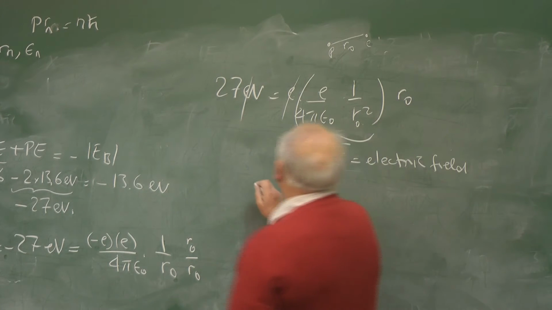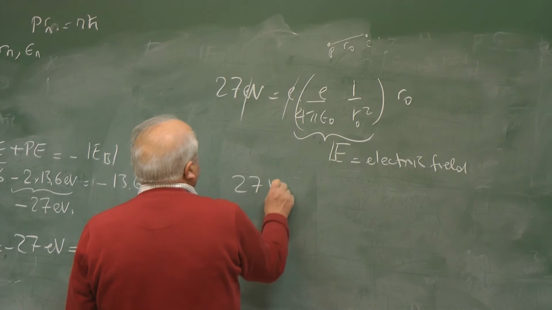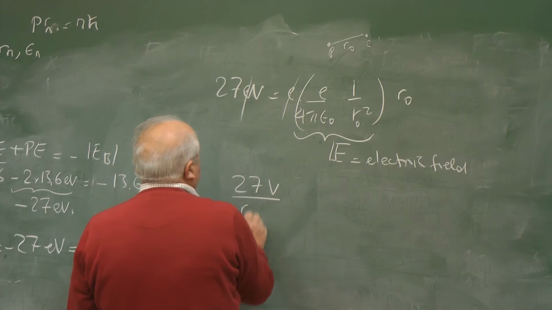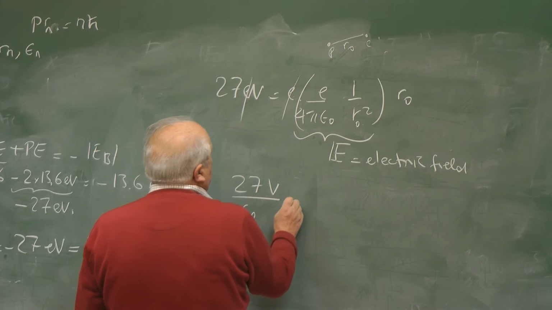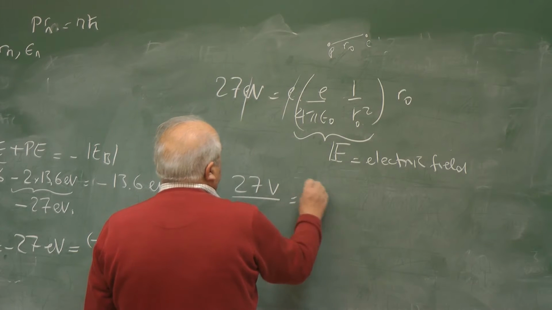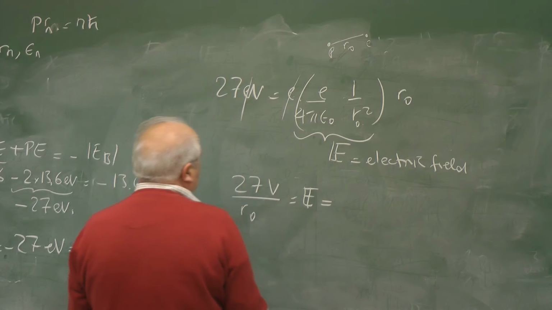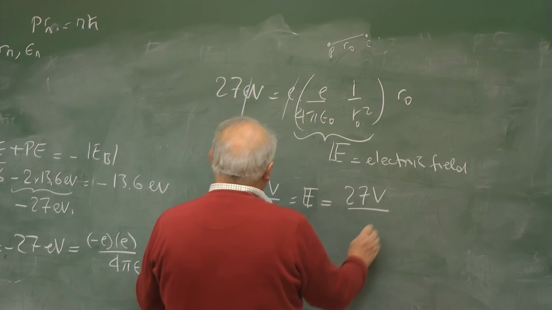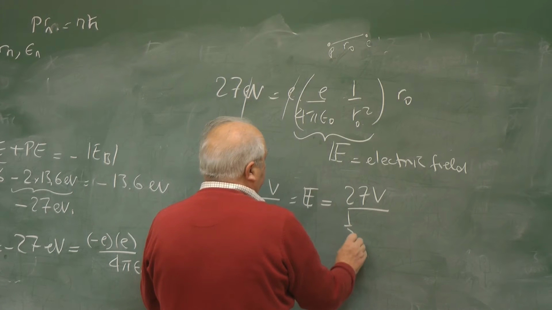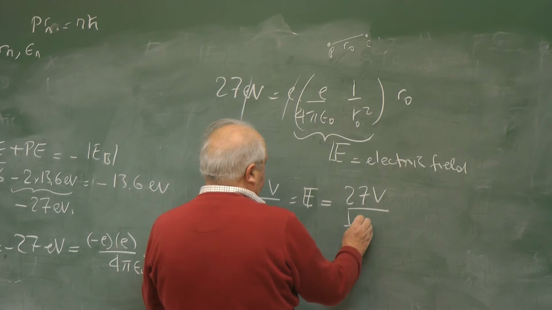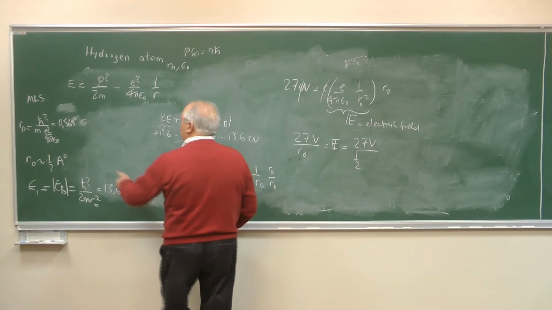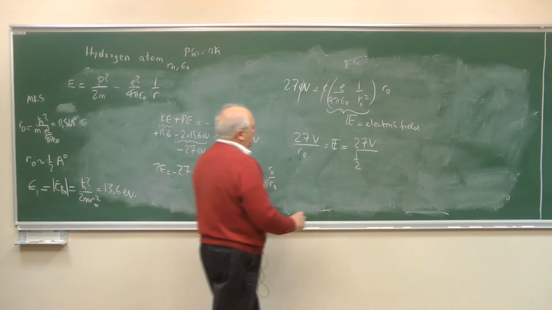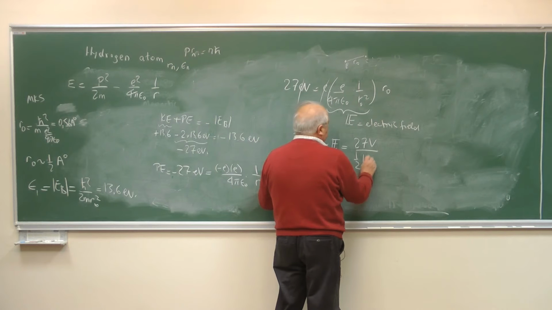So 27 volts divided by R0, that's equal to E, electric field. How big is that? That's 27 volts divided by R0, which is 1/2 angstrom. So 1 angstrom is 10 to the minus 10 meters.